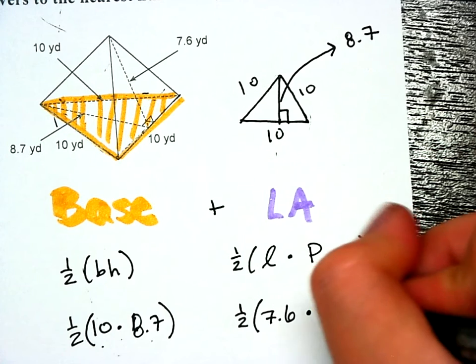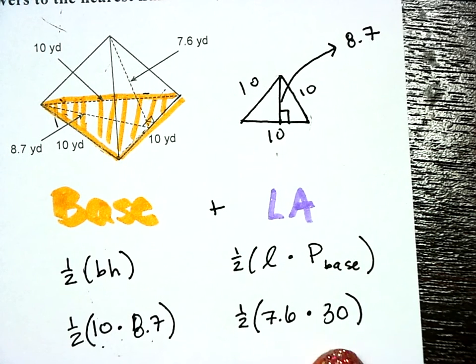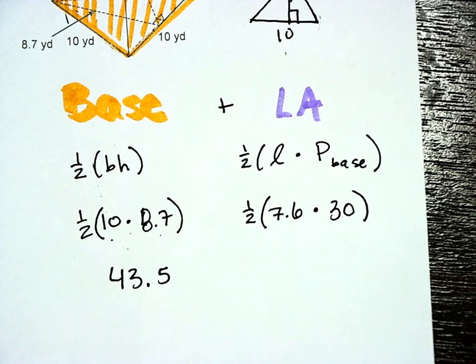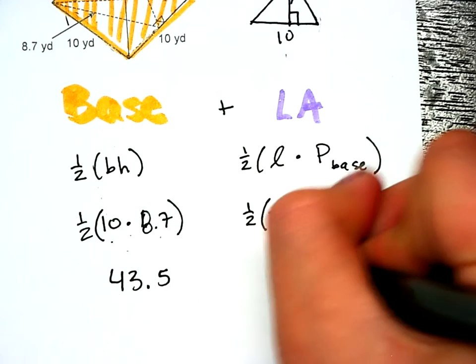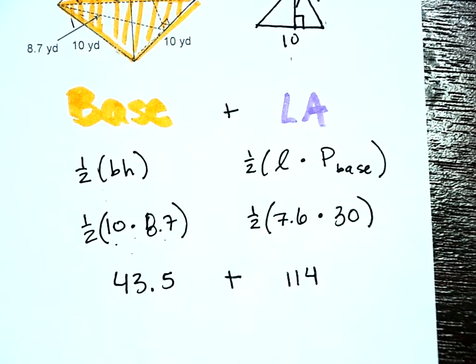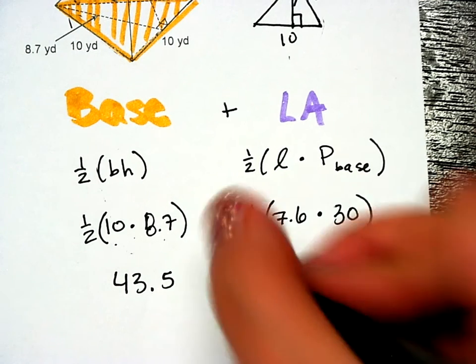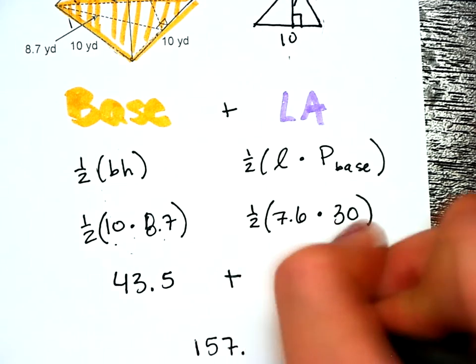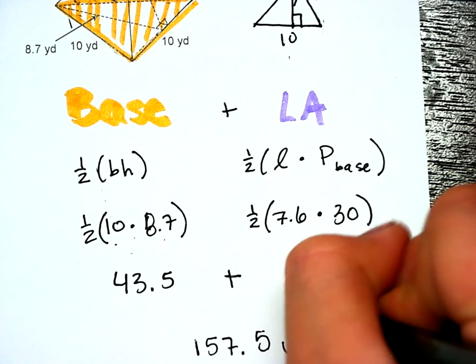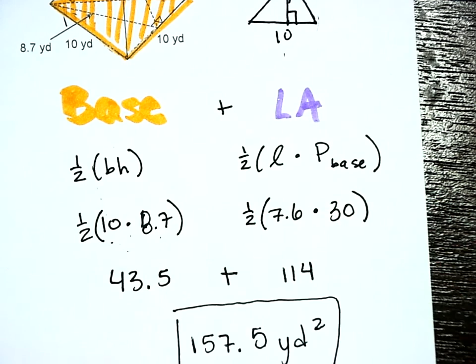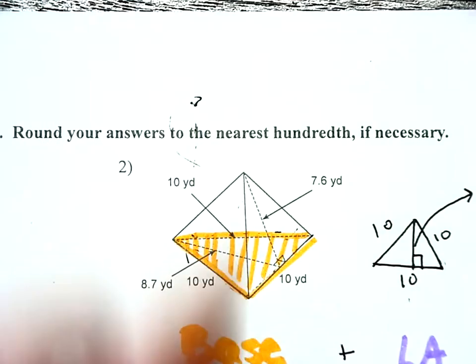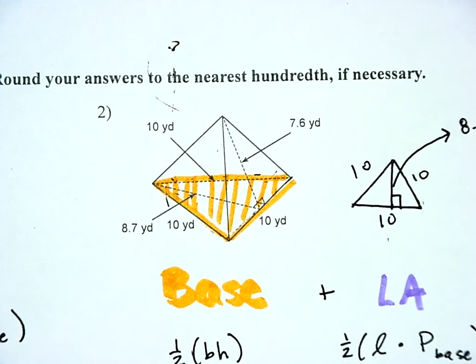That's 30. So I've got all my values. Let's plug that in. 1/2 times 7.6 times 30. You should get 114. Let's try adding these together. So plus 43.5. And our total is 157.5 yards squared. So that's the total area of all 4 triangles that make up the outside of this pyramid.